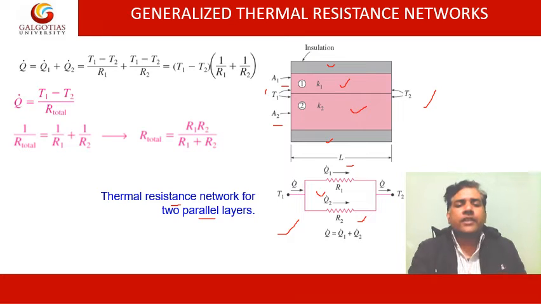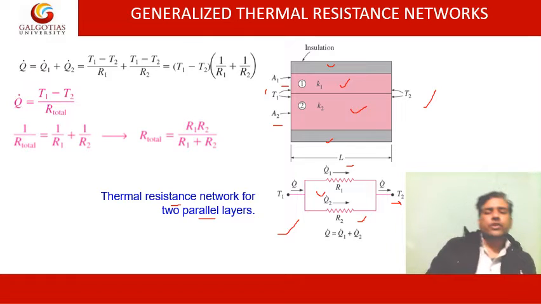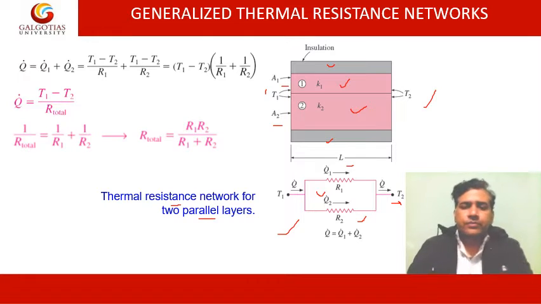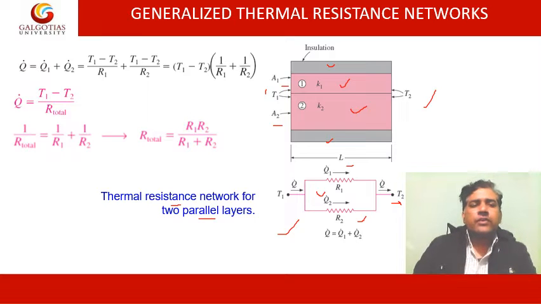Since heat is entering at the rate of Q, it will be divided into two parts, Q1 plus Q2, so Q equals Q1 plus Q2, and it will leave as Q at the surface which is maintained at a temperature of T2.